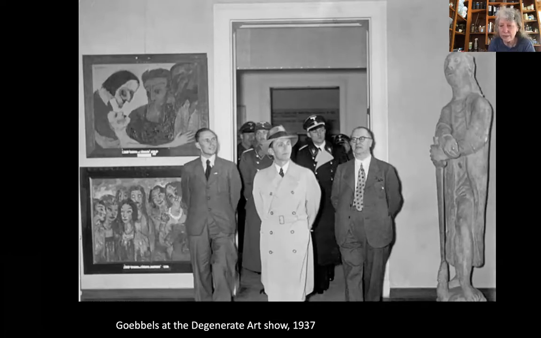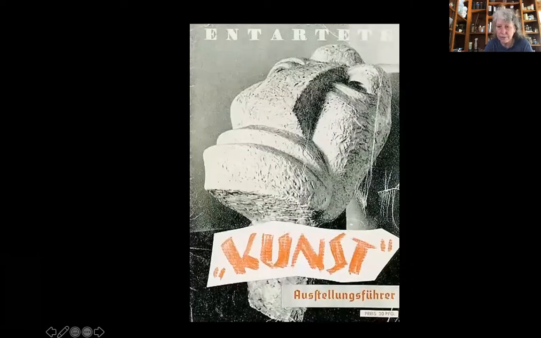They confiscated them from artists, from art museums and various art collections, and put them in the degenerate art show as examples of bad art, like art that you shouldn't like. And then in another building nearby, they exhibited official German art, good art. And we'll look at that in a minute too.